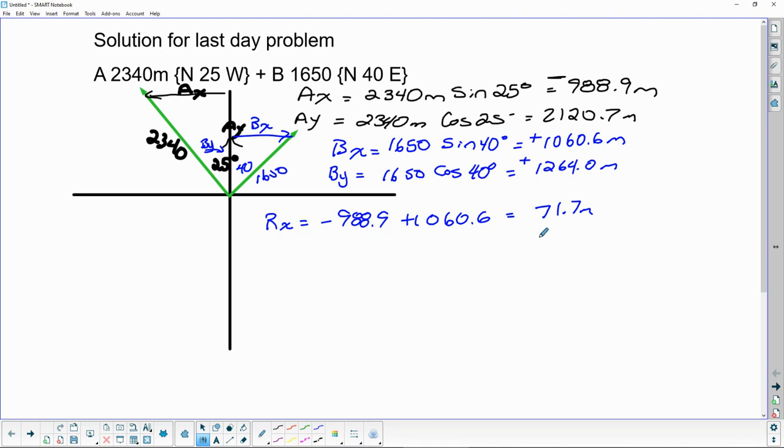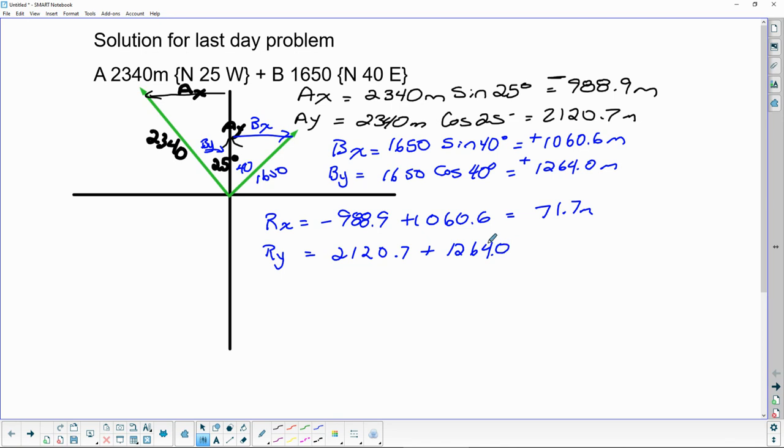Okay, so pretty much this vector is going to be, as it makes sense, very close to that north line. And our y value is going to be large because we have two positive values for y. So we're going to add 2120.7, and we're going to add 1264.0.